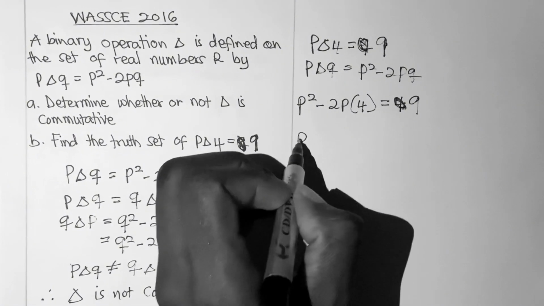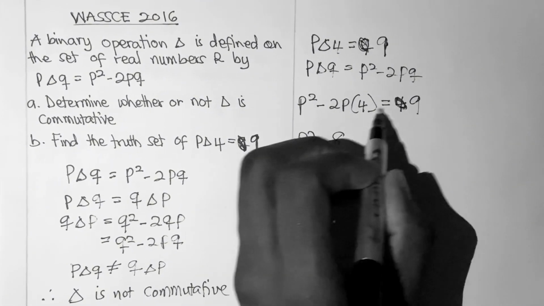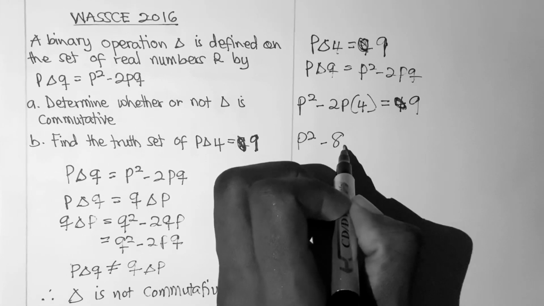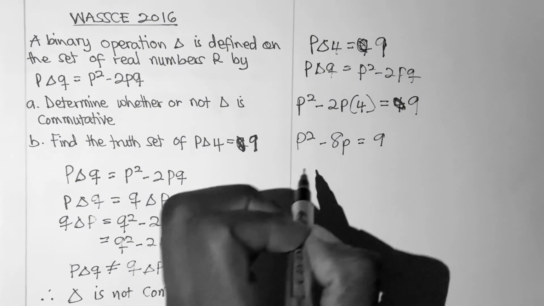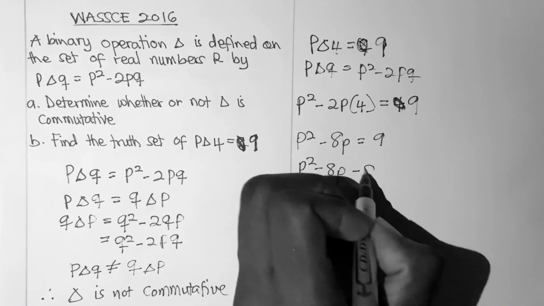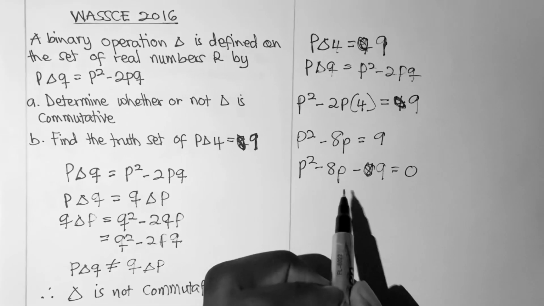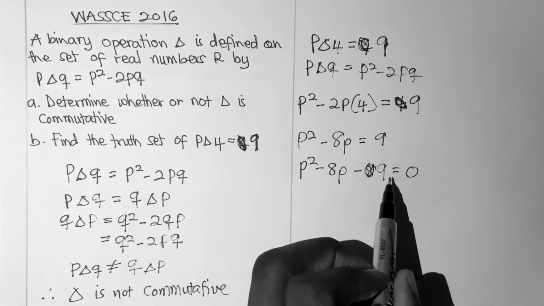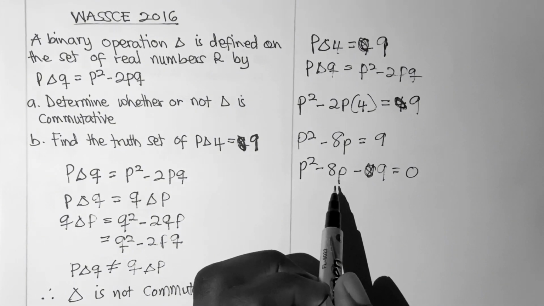So P squared minus 8, since 2 times 4 is 8, so minus 8P is equal to 9. So P squared minus 8P minus 9 is equal to 0. So we need two numbers that when we multiply, we get minus 9, but when we add, we get minus 8.